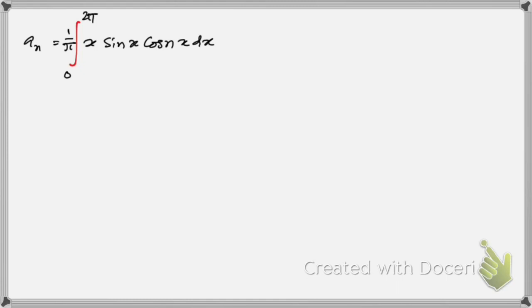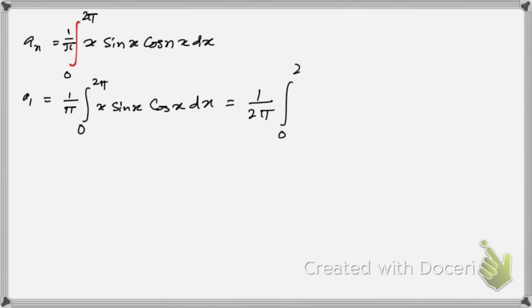Our a1 is given by 1 by pi, integral 0 to 2 pi of x sine x, and this n will be 1 in this case. So cos x, we're going to get cos x dx, right? That's what we have got. So again, if you make it 1 by twice pi, then 0 to 2 pi x, then twice sine x, you can write twice sine x cos x dx, right? And you know that 2 sine x cos x is sine twice x, right?